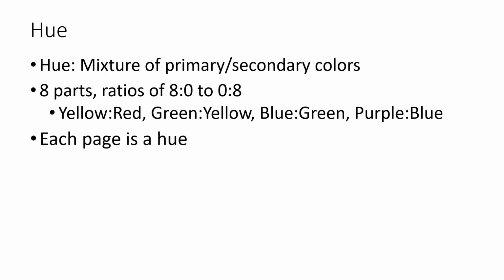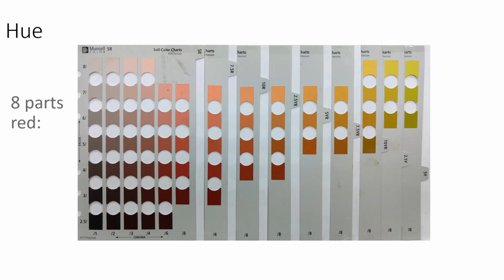Each page in the color book is a hue, and the hues are identified by a number and a letter or letter combinations. So here we have the hue, and on the left we have 8 parts red, no yellow, and that one is identified as 5R.